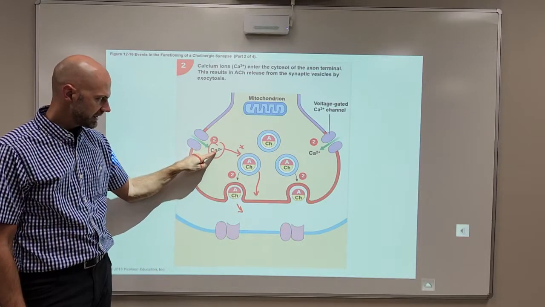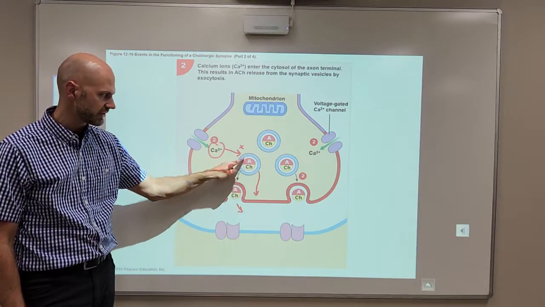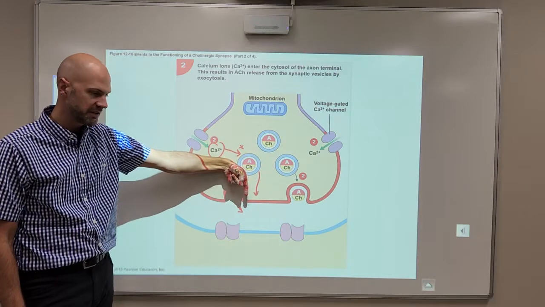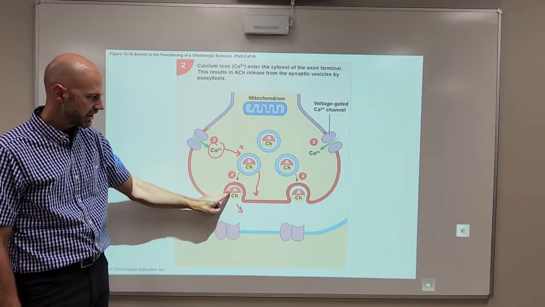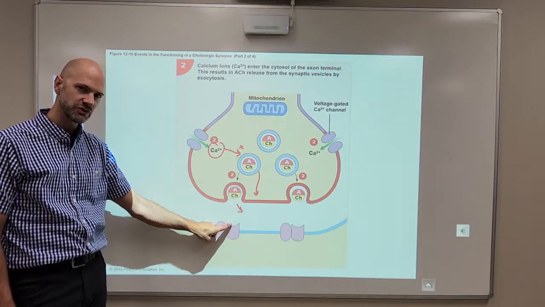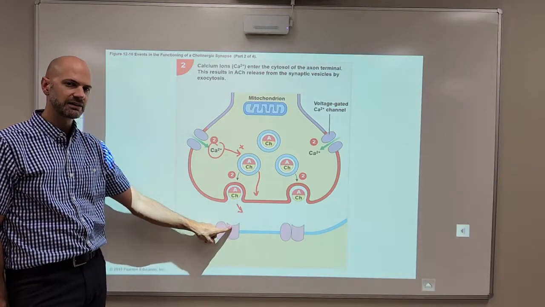That increase in calcium concentration causes the vesicles to migrate towards the synaptic cleft and perform exocytosis, releasing acetylcholine into the cleft, where it binds to a ligand-gated sodium ion channel.